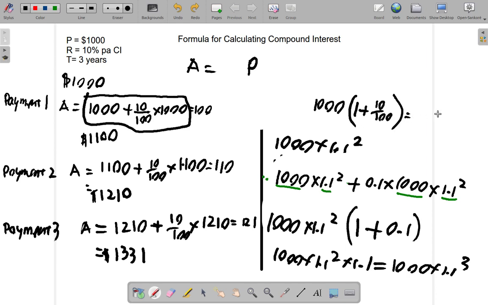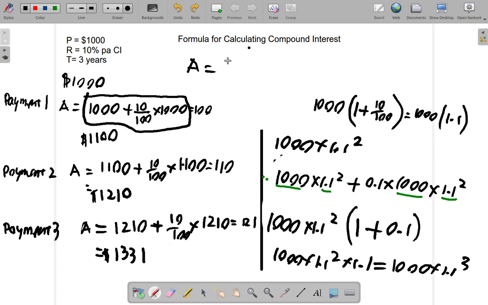So this now is 1,000 times 1.1. So this 1.1 thing here is really 1 plus 10 over 100. And 10 is really the rate. Let's write it in this form first.